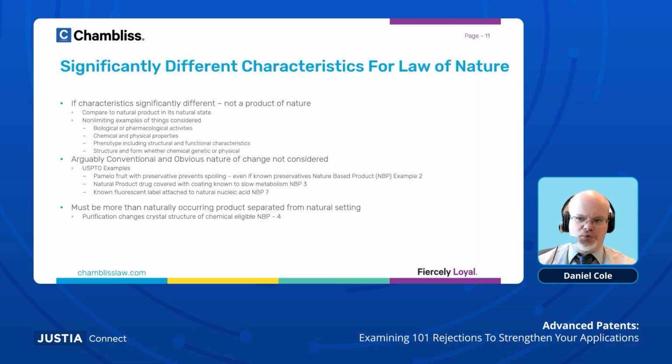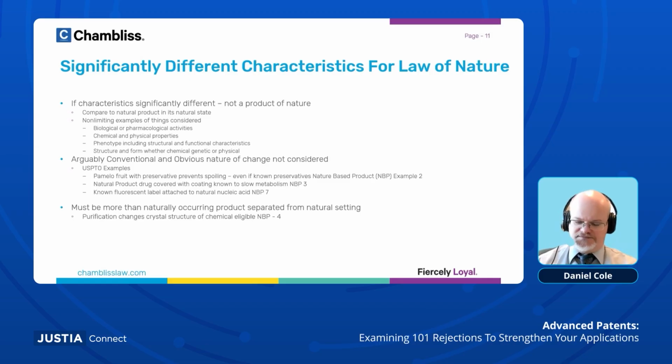Okay, this is not really going through the steps that I had up front. This is like a corollary that only exists for the biological items. This doesn't help with abstract ideas. It's a way to get around somebody saying this is a product of nature.